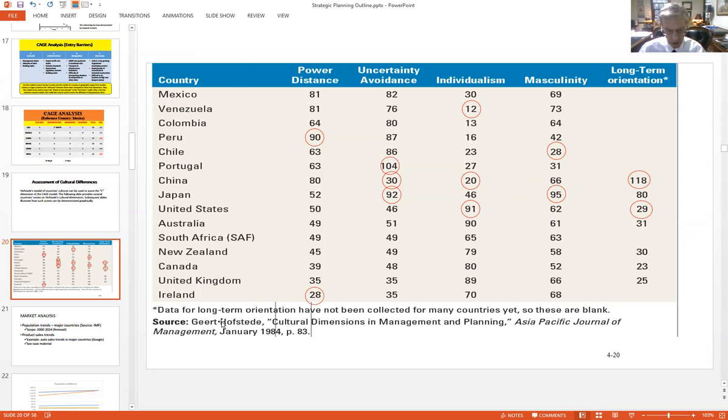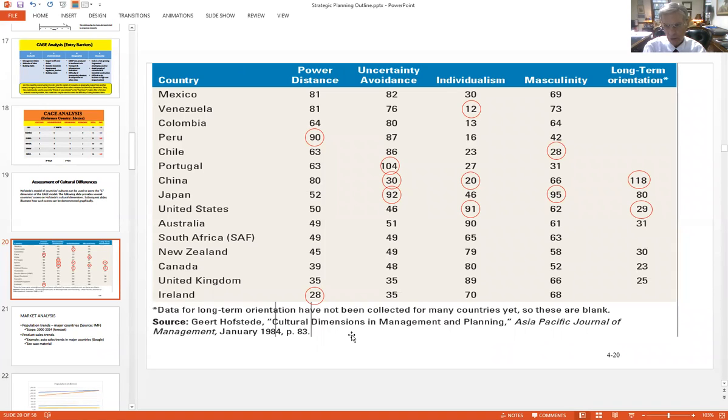Hofstede was an anthropologist, sociologist at IBM. And he did a study of, oh my golly, I don't recall, 300 or 400 business units in IBM, but a very large study.